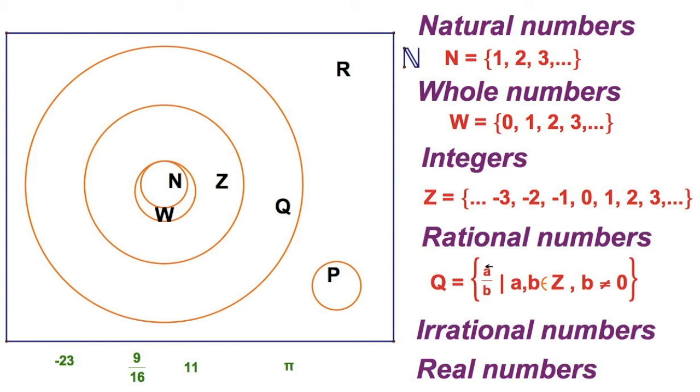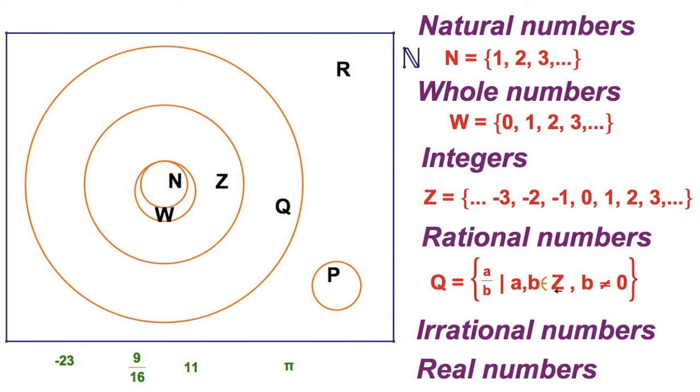two integers. This is a fancy way, just to look cool. It says it is the set of all numbers A over B such that, that's the vertical bar, such that A, B, meaning A and B, are elements, remember that from before, elements of Z, meaning they're integers.